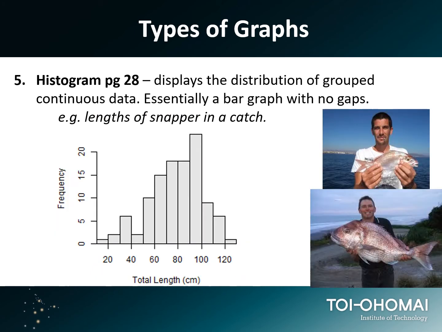And we're going to move to a histogram, which is essentially a type of bar graph, but in this case there are no spaces between the categories. So these are often length frequencies, so also called a length frequency diagram when you're putting length versus the number found, which is the frequency. So if you caught 5 fish or 10 fish, 5 fish that were 40 centimeters long. And what this can show you is kind of the population size.